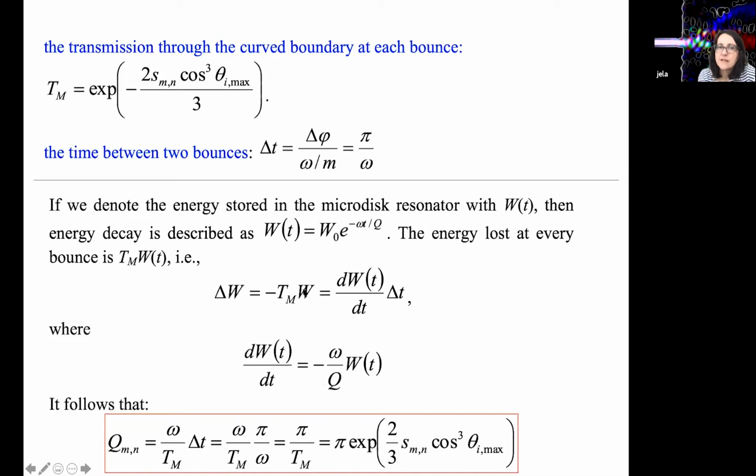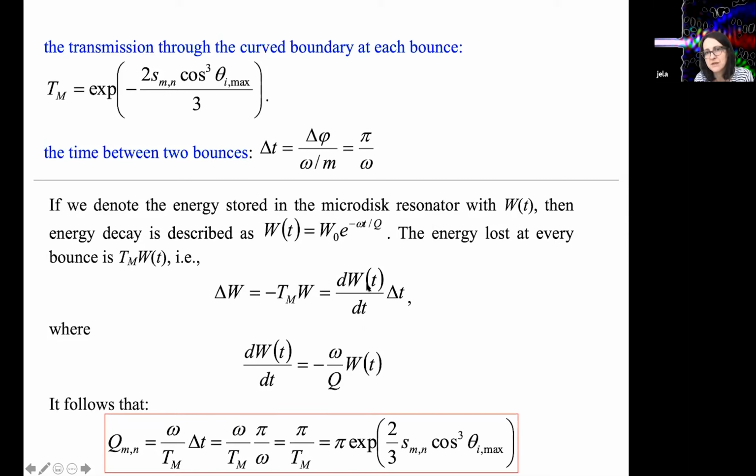So at each bounce, we will lose the energy, which is equal to Tm times the energy in the mode. And that decrease in the energy, which is just transmission at each bounce times the initial energy, can also be represented as the time derivative times the amount of time that it takes between the two bounces, right?